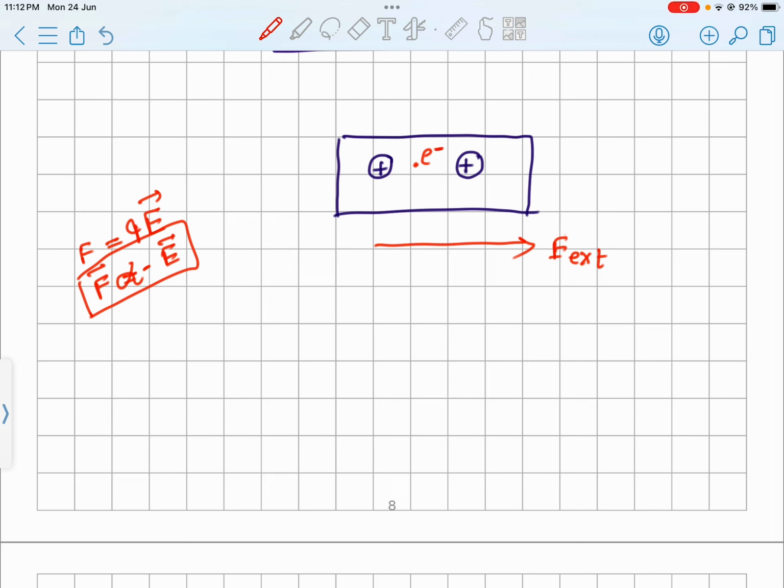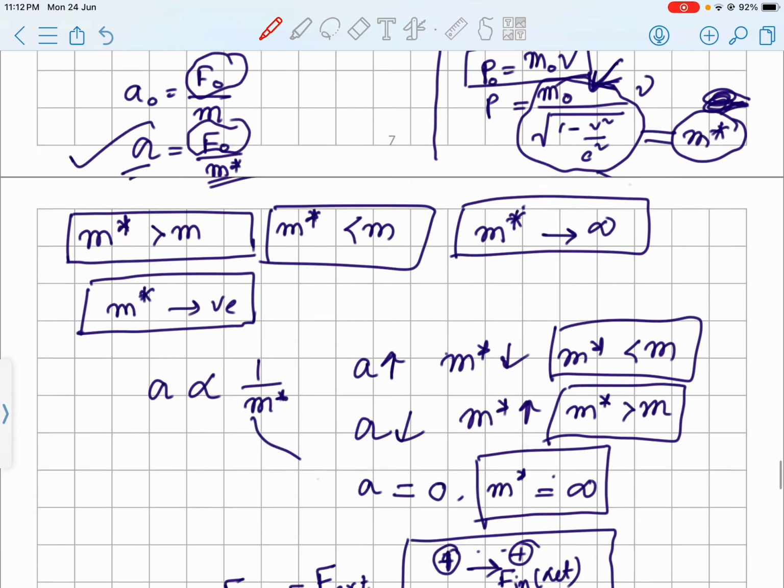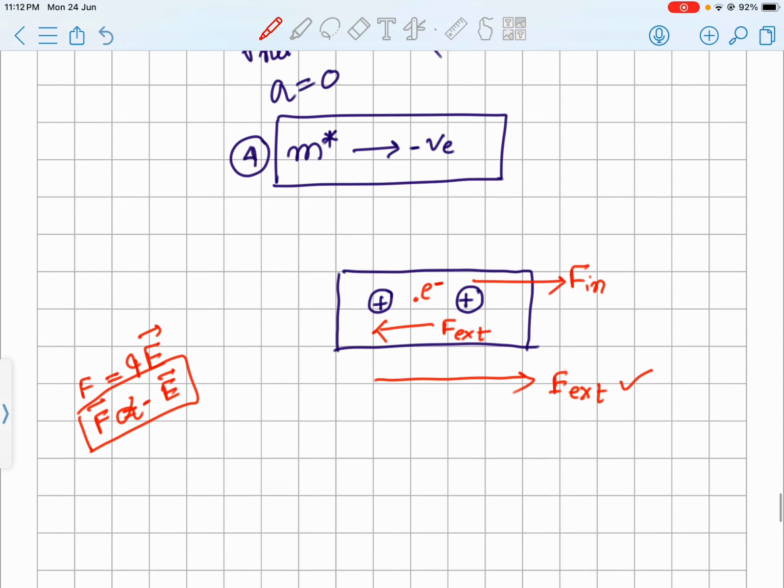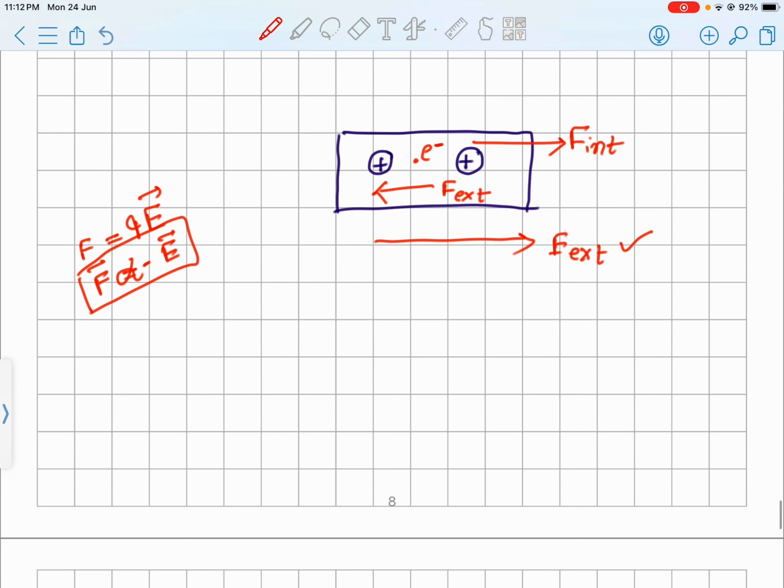Okay, so for this electric field, F will be in this direction. Now let F internal be in this direction. I have discussed that F internal comes from what?